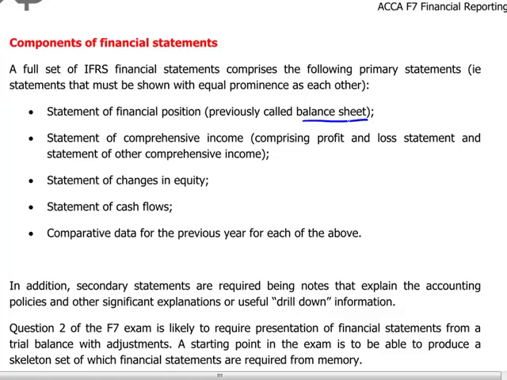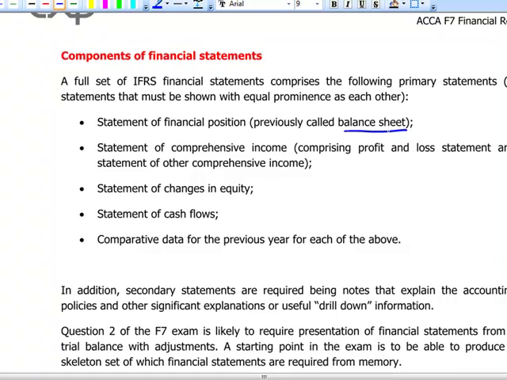It will contain a statement of changes in equity, a statement of cash flow, which we will cover in a separate chapter and video, and comparative data for the previous year for each of the above. So for all of them, when you read the full set of financial statements, you will see the current year and also the prior year column.